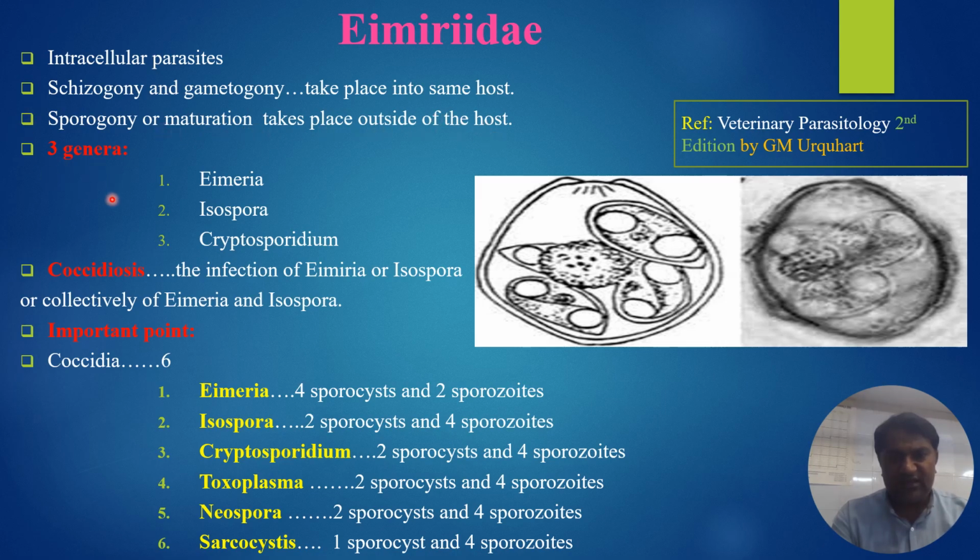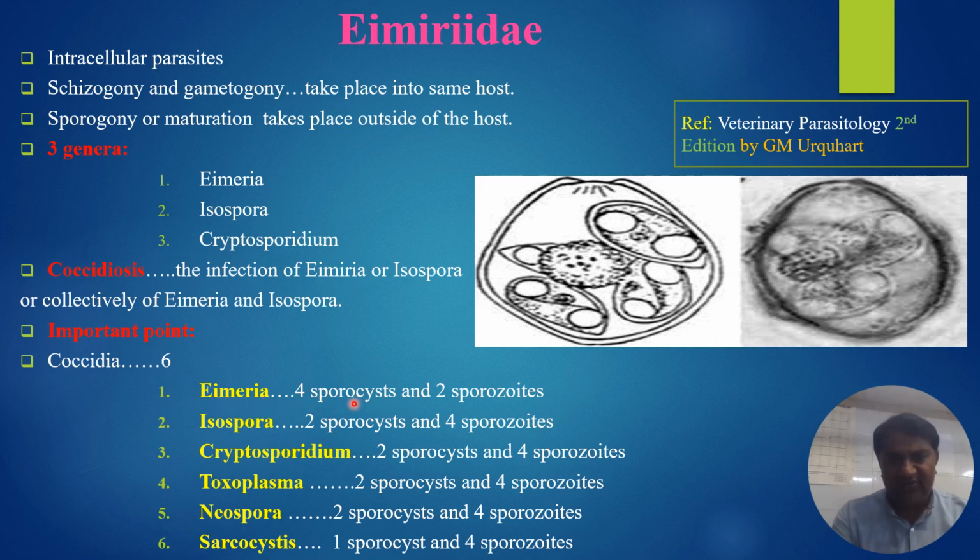There are three genera: Eimeria, Isospora, and Cryptosporidium. The Coccidia infection is of Eimeria or Isospora, or collectively of Eimeria and Isospora. An important point is that there are six types of Coccidia.